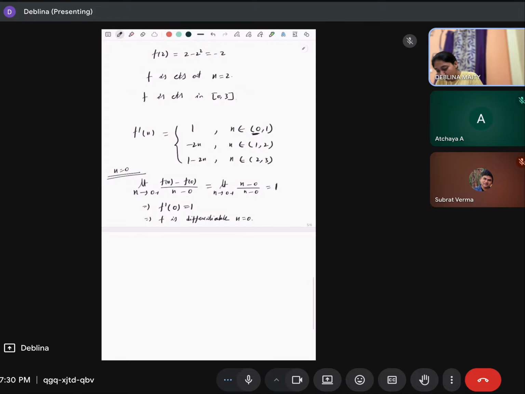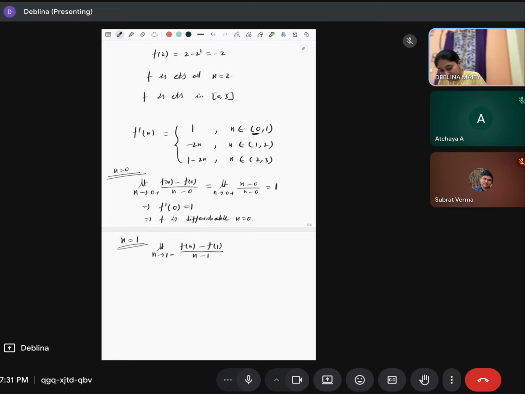Now for the point x equals 1 we'll consider. So for 1 there are two directions. First check the limit as x goes to 1 minus of (f(x) minus f(1)) by (x minus 1).